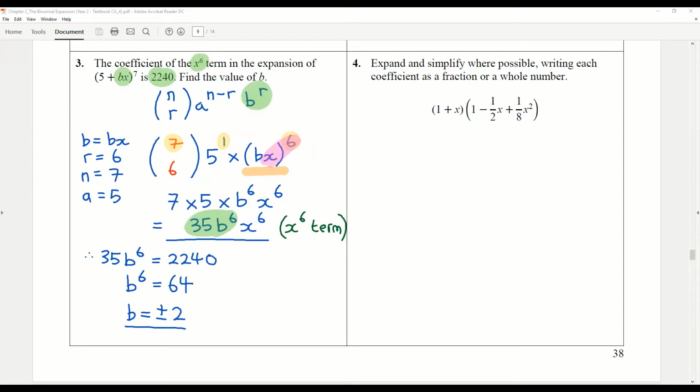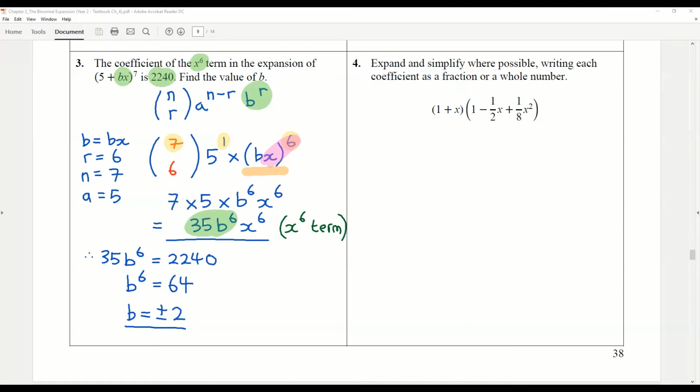Moving on to question 4, we're asked to expand and simplify where possible, writing each coefficient as a fraction or a whole number. So again, this is just practicing expanding unusual brackets with more than 2 terms in them, which is what you'd be used to when you're expanding quadratics.